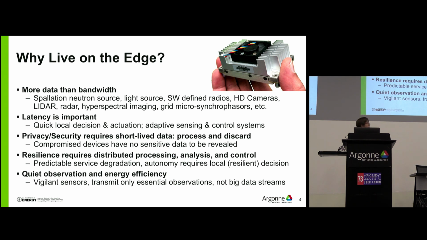There are issues with privacy and security. And sometimes you want sensors that do smart things, and only transmit what is essential. You don't need all of that data from the hyperspectral camera. If anyone's looked at hyperspectral data, it's heavily correlated. You need to do a lot of processing, and the information in there is much smaller than the size of the data. So we wanted to address this problem.